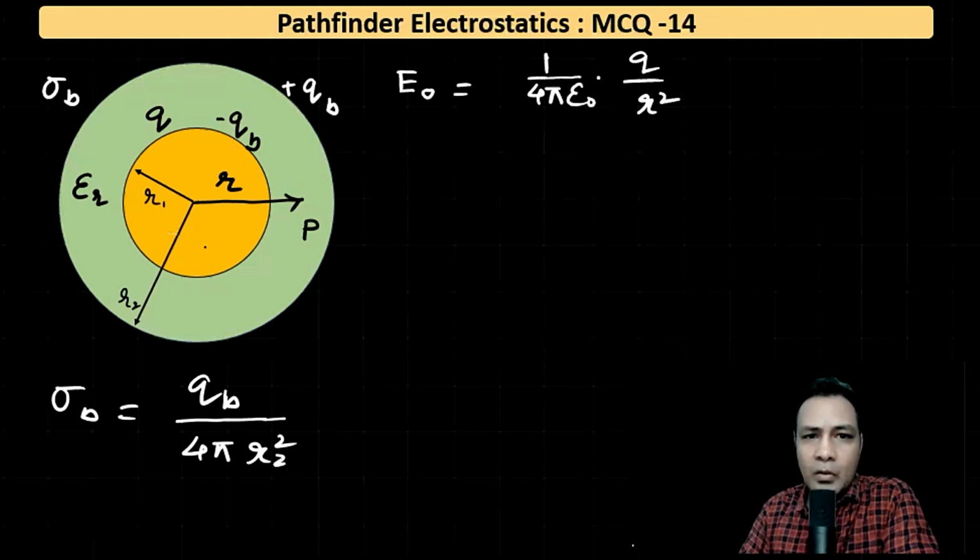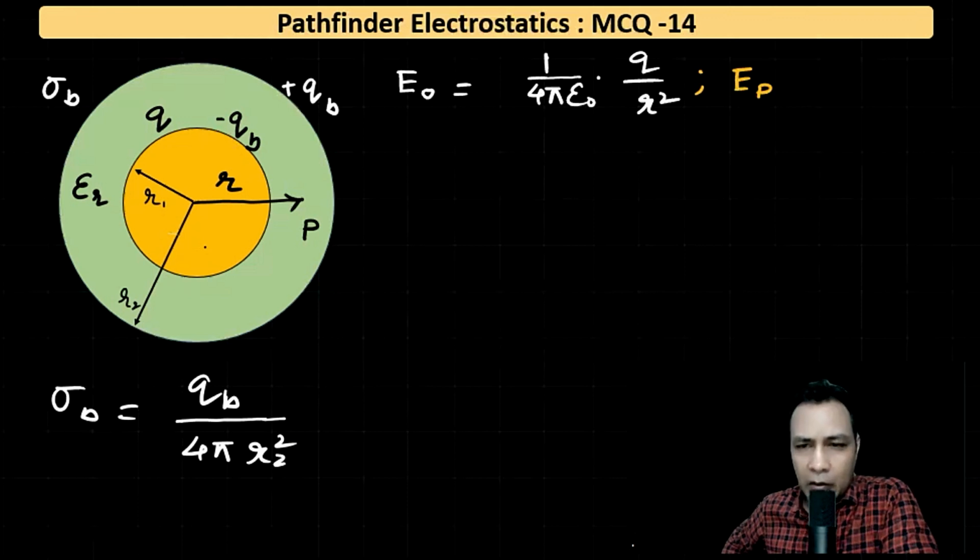Now, from the definition of a dielectric, the electric field at P, when the dielectric is filled, will become epsilon R times smaller than the electric field when there was no dielectric. That is actually the definition of the dielectric constant.